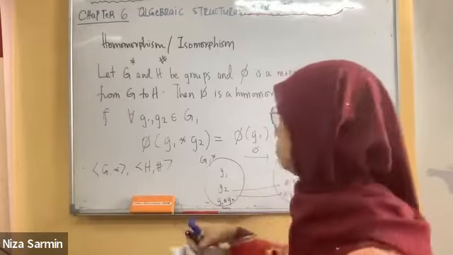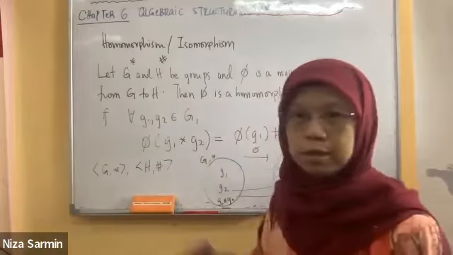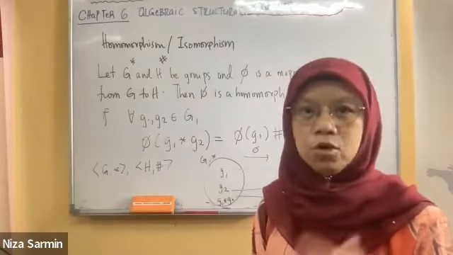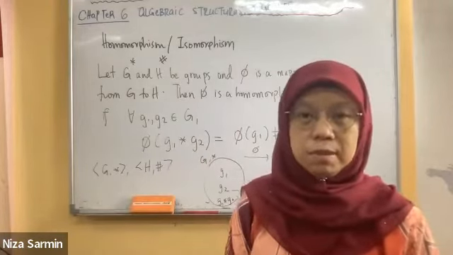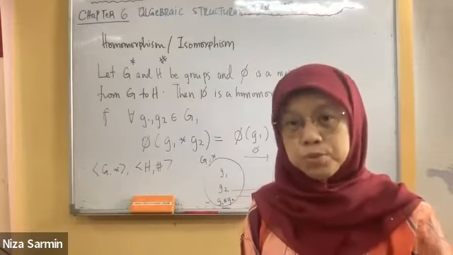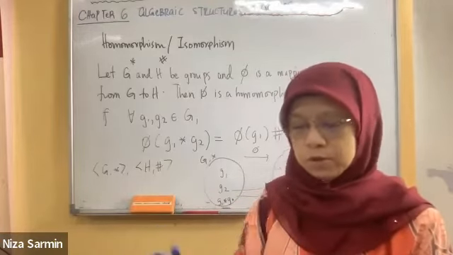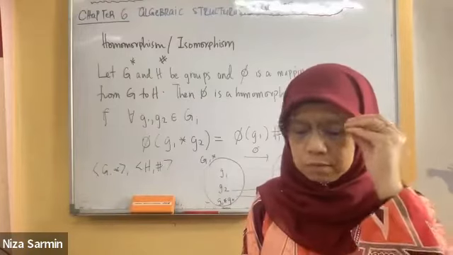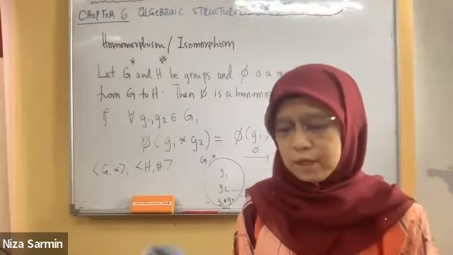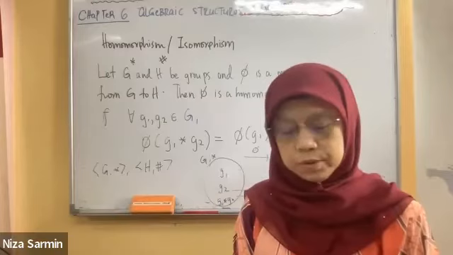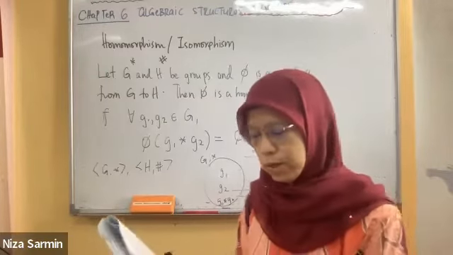So it can be semi-group, it can be monoid, but normally people talk about homomorphism and isomorphism between groups. So in that definition, I mentioned about semi-groups as one example.